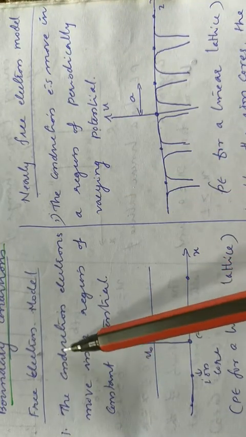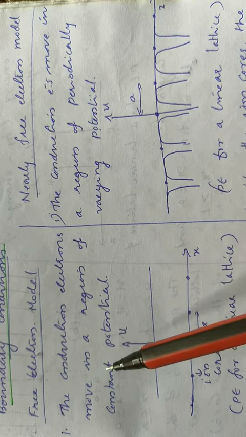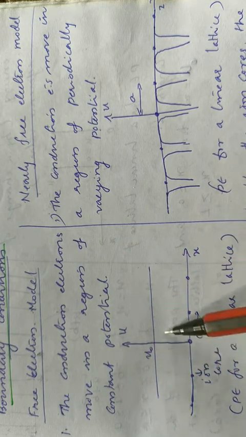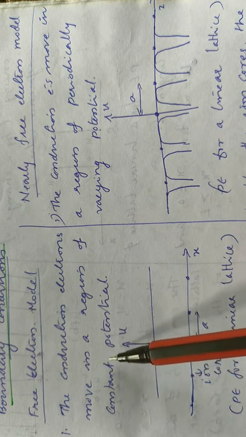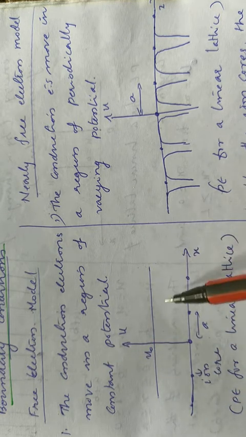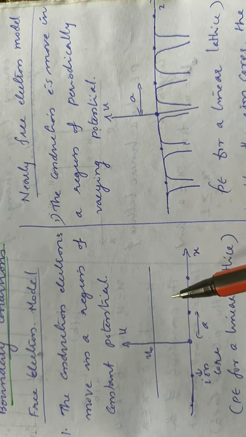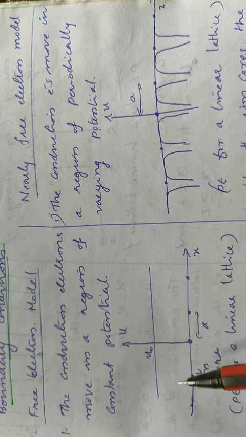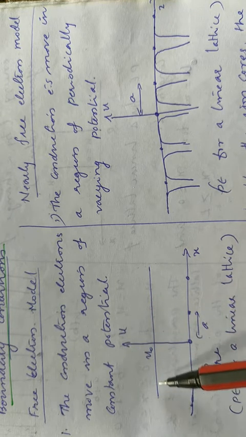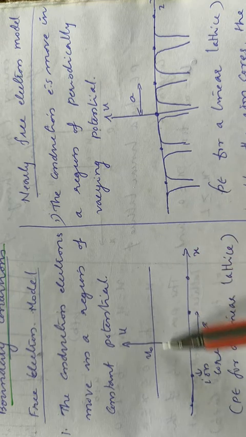In the free electron model, the conduction electrons move in a region of constant potential. We are considering that the electrons are completely free to move, such that there is no potential experienced by the electron. So in that model, it is moving through a constant potential.